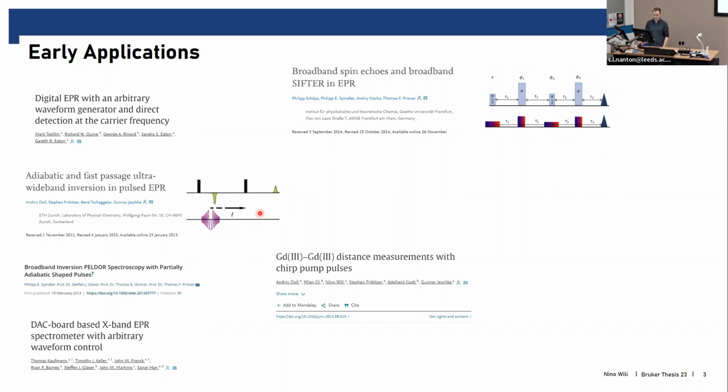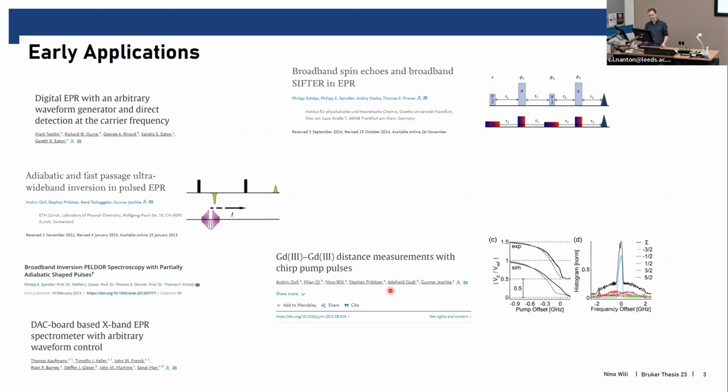This was also where I did one of my bachelor projects, and I ended up on a paper here with Andrin. What's important to highlight is that I basically watched him measure it, and then helped with the interpretation. And okay, I did one thing.